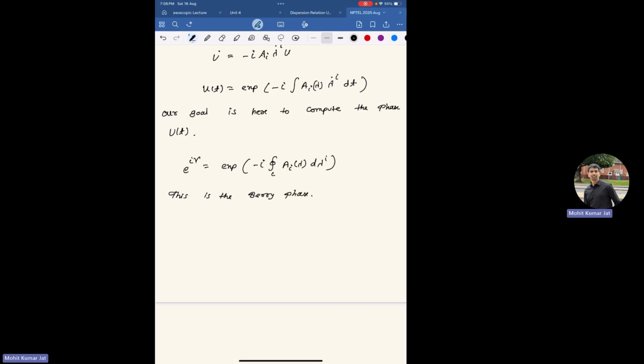The point to note here is that it does not depend on time, and that's the advantage. It does not depend on the time taken to change the parameters.